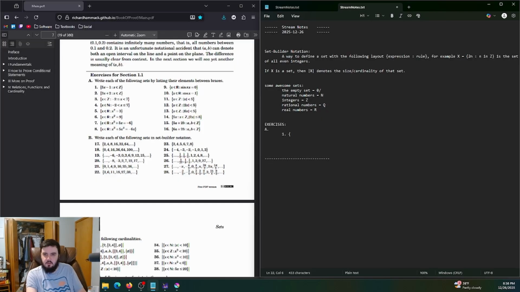Look at how easy this will be. Okay, write each of the following sets by listing their elements between braces. All right, so x is in Z, 5x minus 1. Okay, so it's increments of 5. It's every multiple of 5 minus 1.